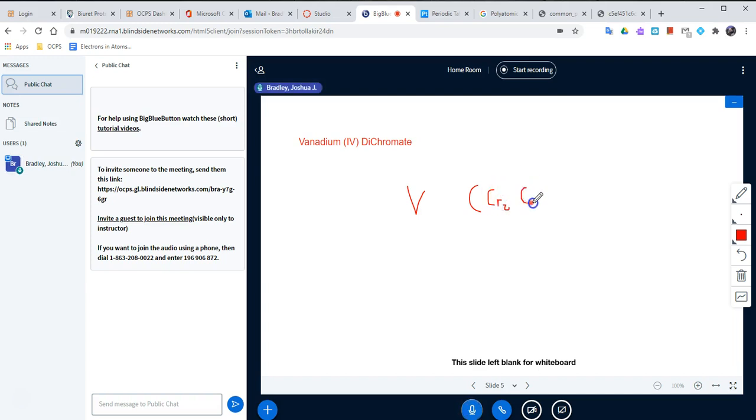Cr2O7, and this entire thing is 2 minus. Okay, now this thing is going to stay the exact same. We put it in here, it doesn't move. Now vanadium, got to figure out what vanadium is. Oh wait, no, vanadium is a transition metal. It tells us what it is, so it's 4 plus. Okay, we do our crisscrossing.